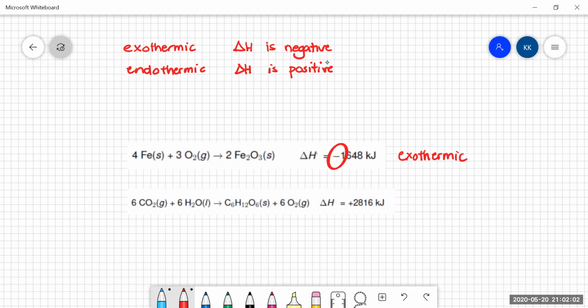And in our second example, we see that delta H is positive. So that's endothermic. You might have even recognised this second equation as the equation for photosynthesis. And of course, we know that photosynthesis is a reaction that takes in energy because it uses energy from sunlight.